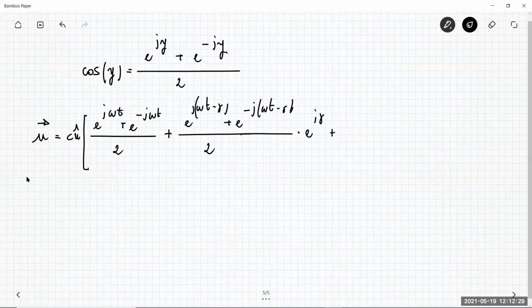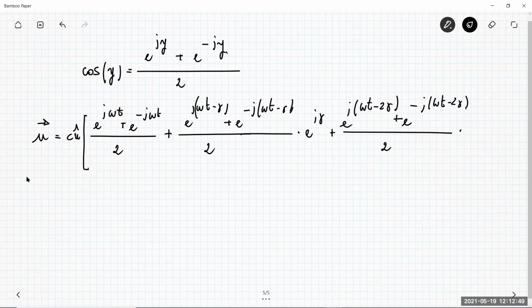And then you have the e^j omega t minus 2 gamma plus the exponential of negative j omega t minus 2 gamma, and then e^j 2 gamma.